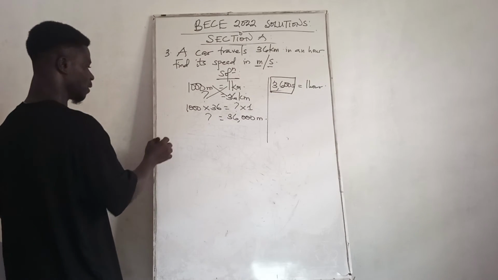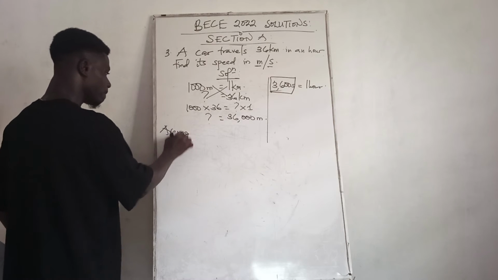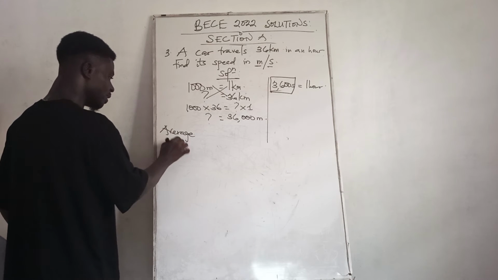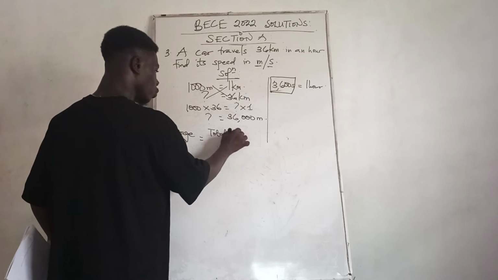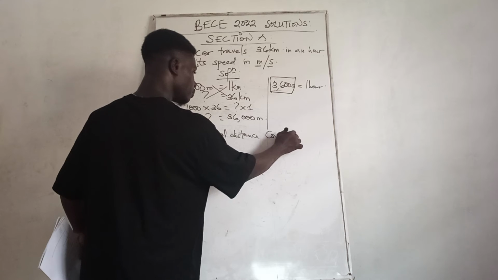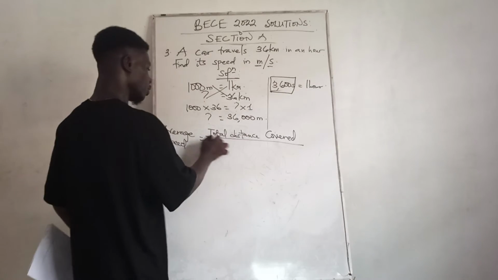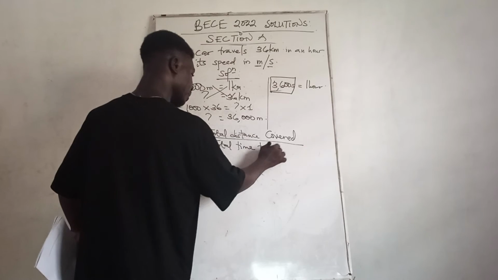Now we want that speed. And we know that speed, or average speed, is equal to the total distance covered over the total time taken.